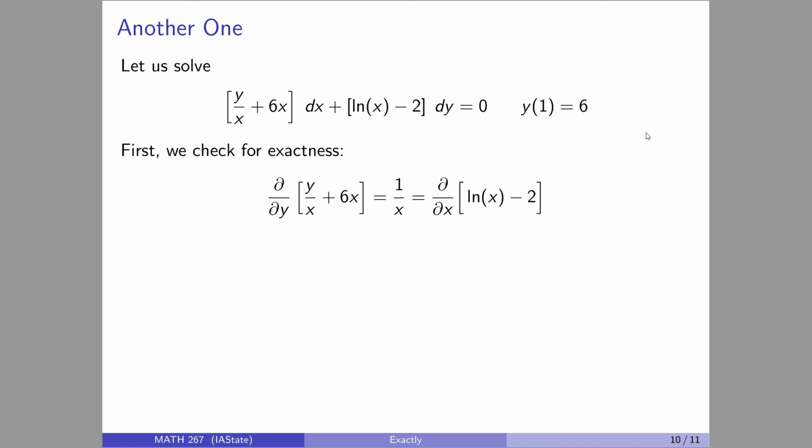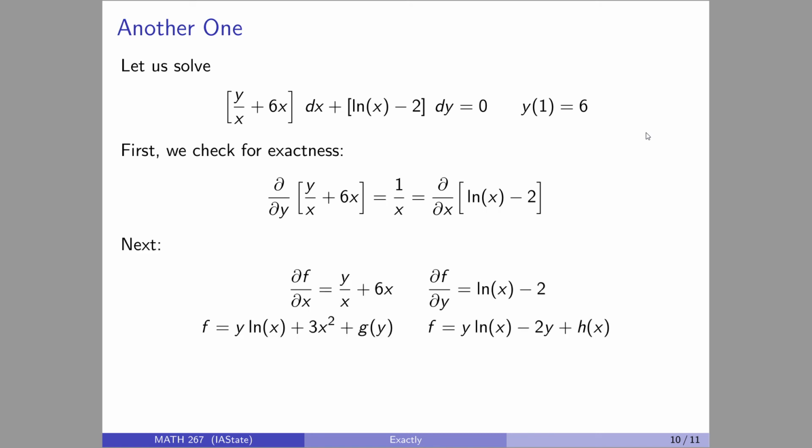Okay, so that means that our function f, the one whose partial with respect to x and partial with respect to y match the dx and the dy term, respectively, will actually exist. This check for exactness ensures that when we do the integrations, the terms that involve multiple variables match each other.